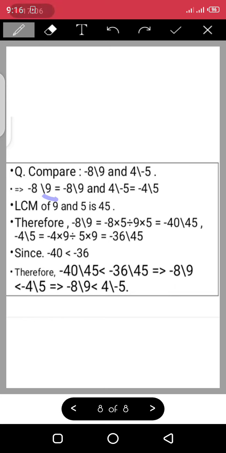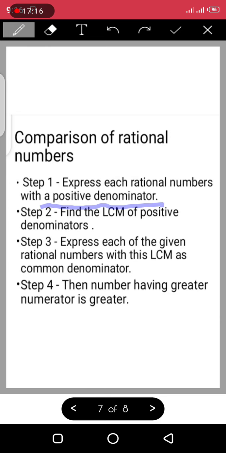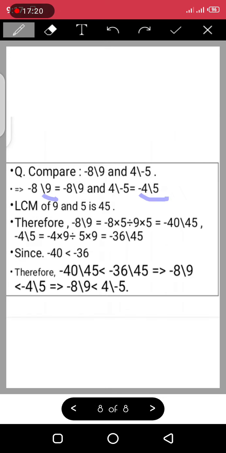Here minus 5 is in the denominator, means it is in negative form. So we will convert it to positive, then we will get minus 4 by 5. Then what was the next step? Find the LCM of positive denominators. Now we have positive denominators 9 and 5. So we will take out the LCM of 9 and 5, which is equal to 45.